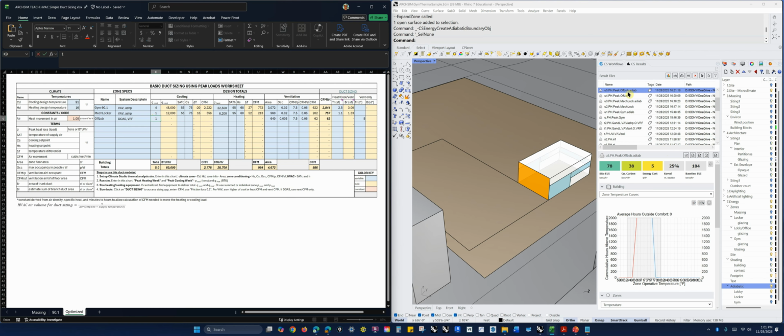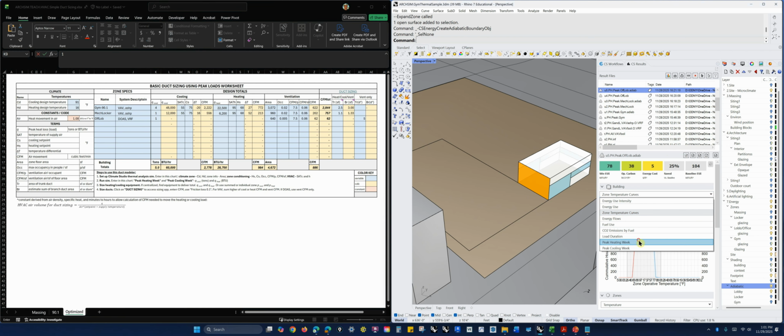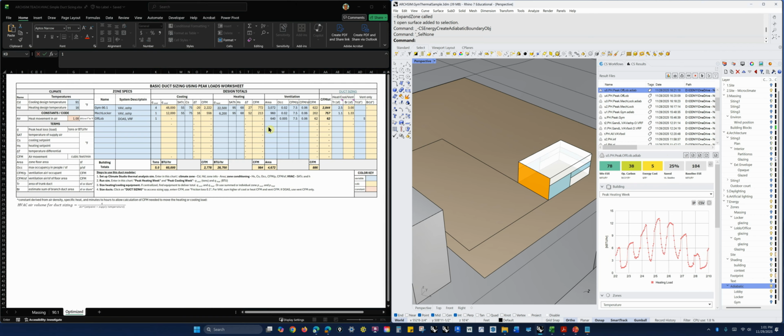Let's see, what would that be? Peak heating of 13. Is that right? Yeah. Okay.